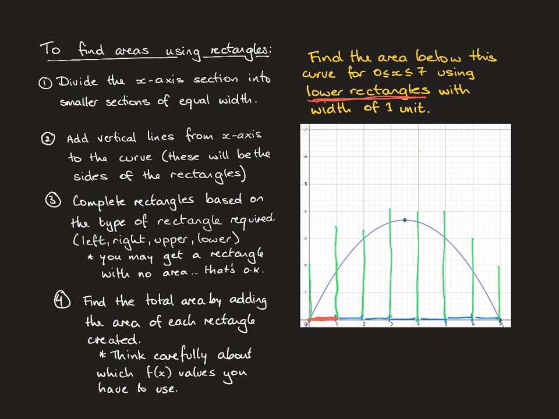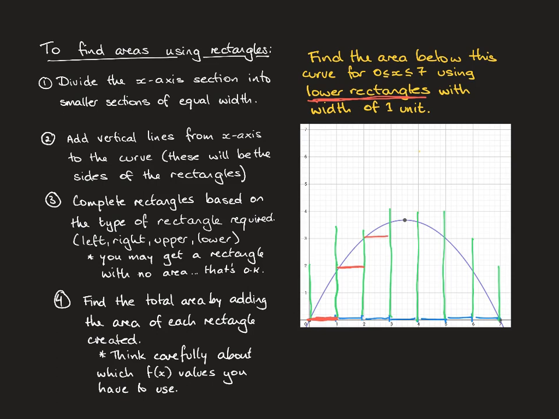So now I'm going to move on to the next rectangle, and I consider both sides. So I have a point here and I have a point here. I take the lower of the two, the one with the lower y value, so I'm going to use this side, and so my rectangle becomes here. For the next column, I consider this side and this side. This one is the lowest, so I put a line across here.